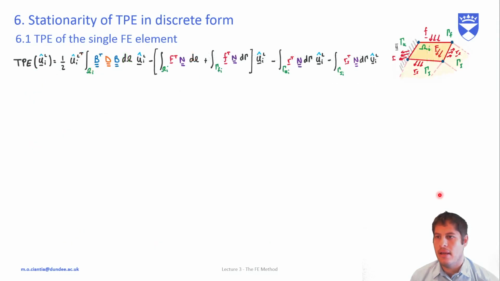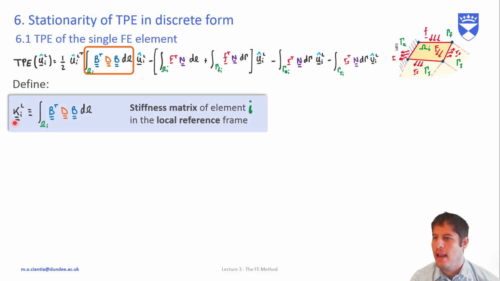Now, recalling this here, let's give some definitions to make this very long expression in a much more concise and simple form. We define K_i^L as the stiffness matrix of element i in the local reference frame. So this integral here.